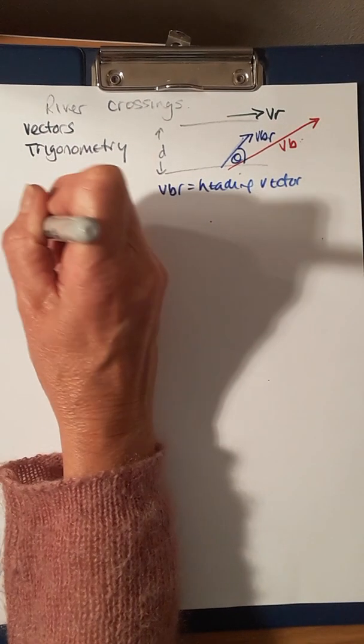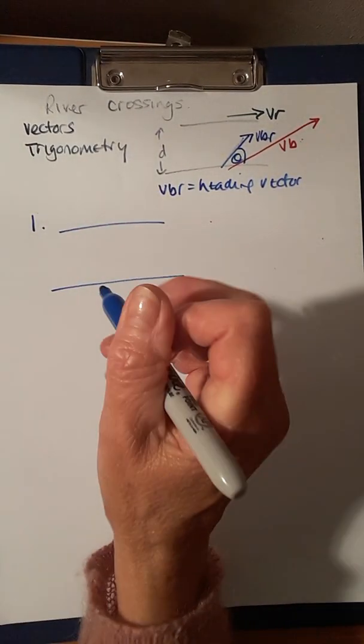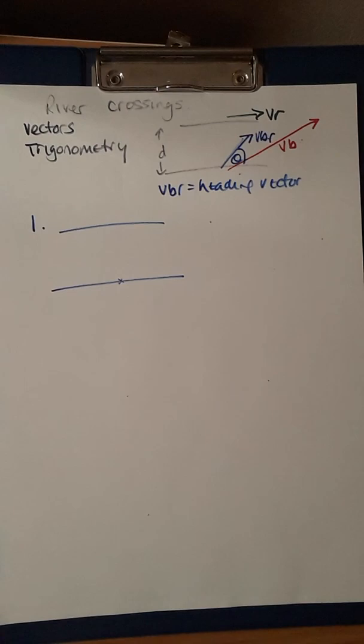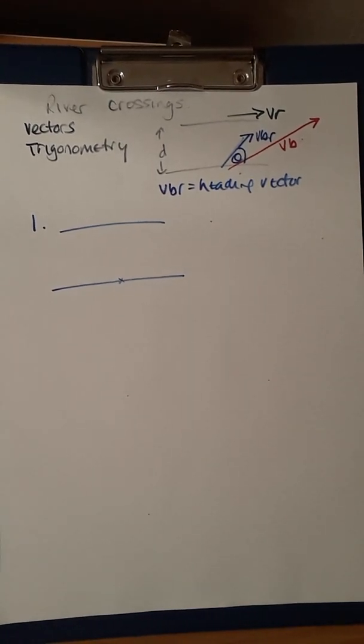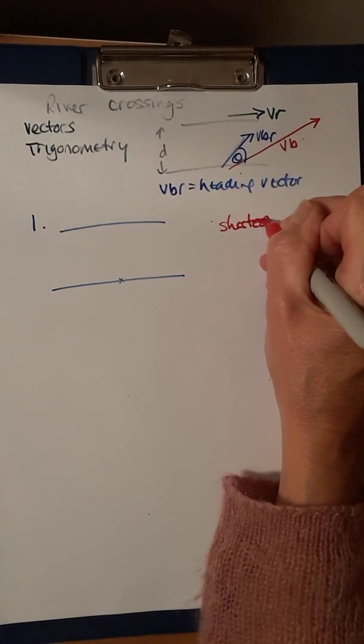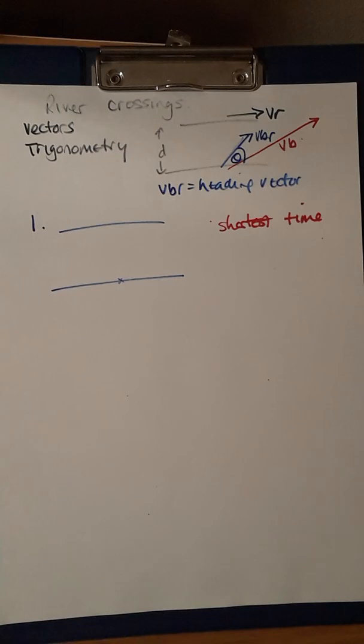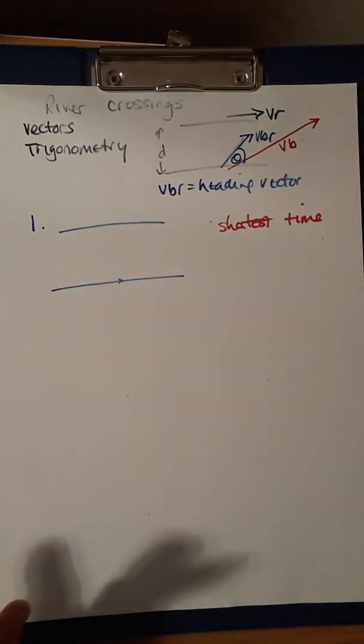Right, now let's consider a couple of situations. First of all, let's suppose you have a river and you are here. You wish to cross that river in the shortest possible time. You don't care where you end up.